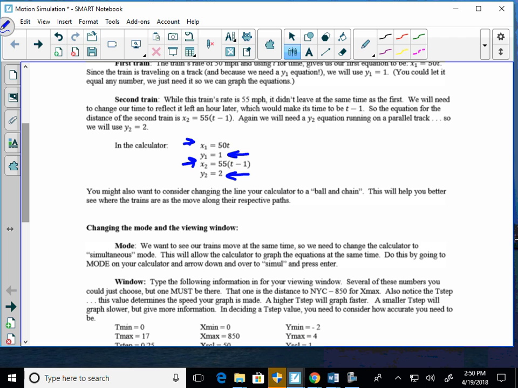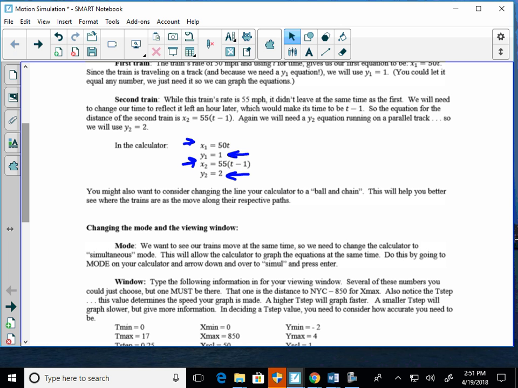So on your calculator, make sure you're in parametric mode. The other thing that you need to do, while you're in mode, is go down to where it says simultaneous or sequential and change it to simultaneous.